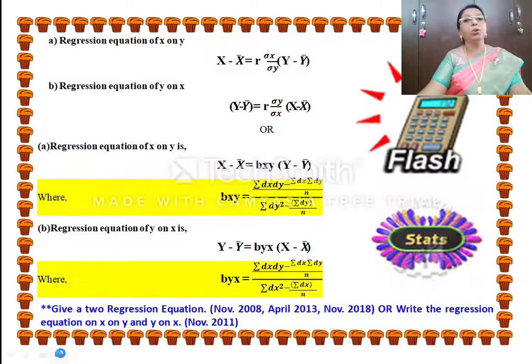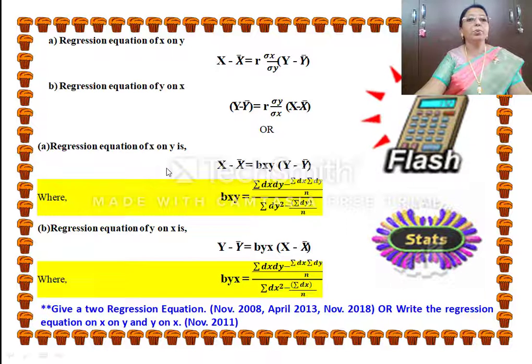Now going on to the regression equations. Similarly, regression equations are two in number. We have the regression equation of x on y and the regression equation of y on x. Now going on to the regression equation of x on y.